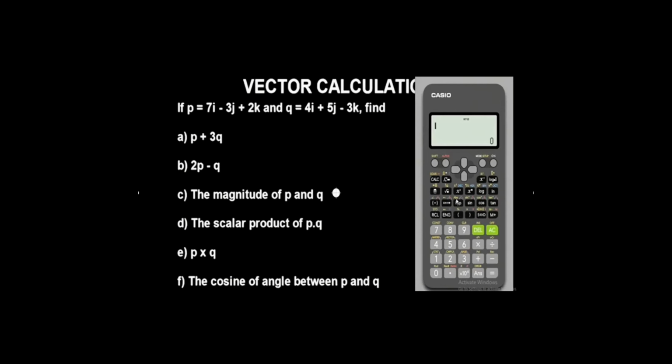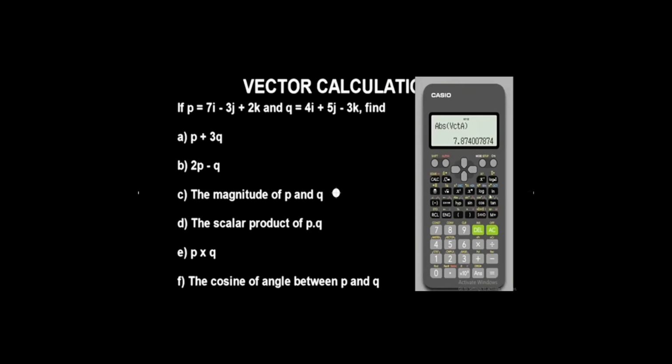It stands for absolute. So press shift this button, absolute value of vector P, which is vector A on the calculator. You press shift this, option 3, close the bracket. Then press equal to. This will give you the magnitude or absolute value of vector P.